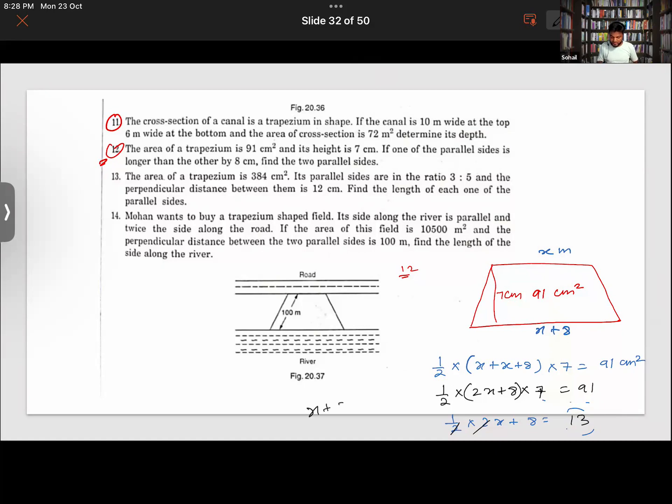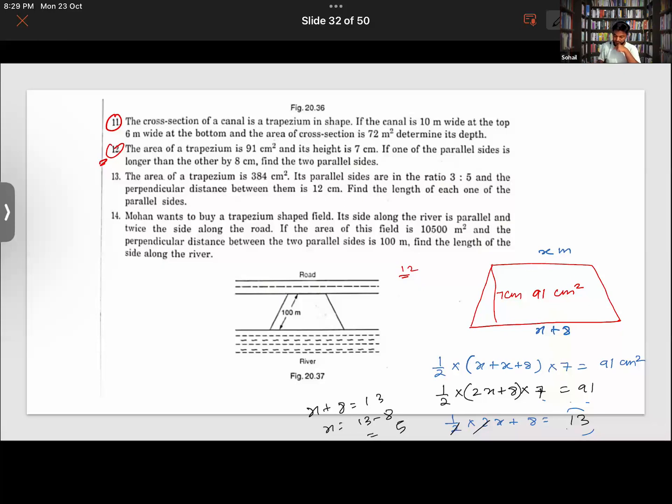So x plus 8 equals 13, so x equals 13 minus 8, that is 5. Now the bigger side will be 2x plus 8, multiplied by 7 equals 91.